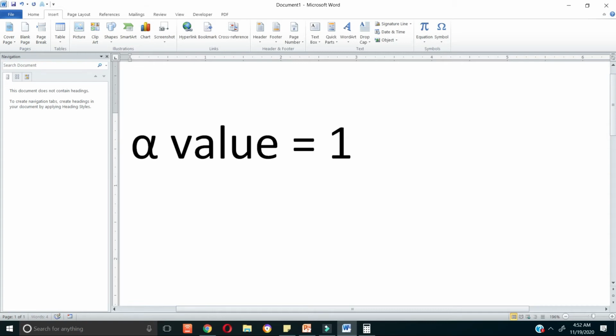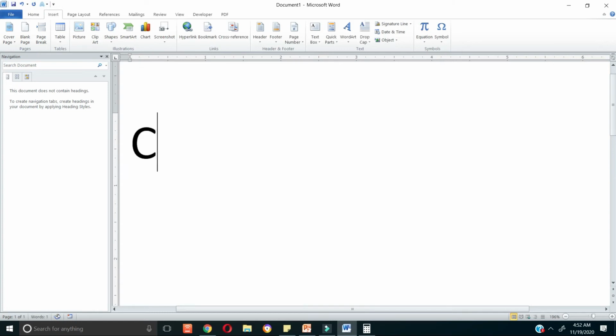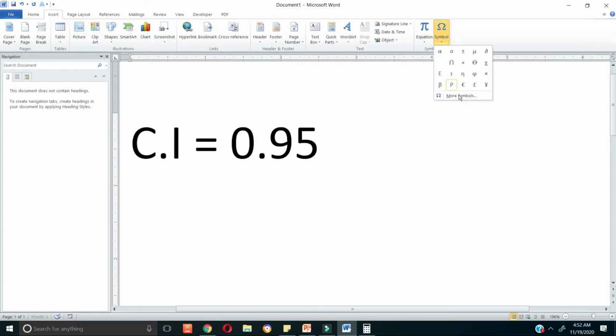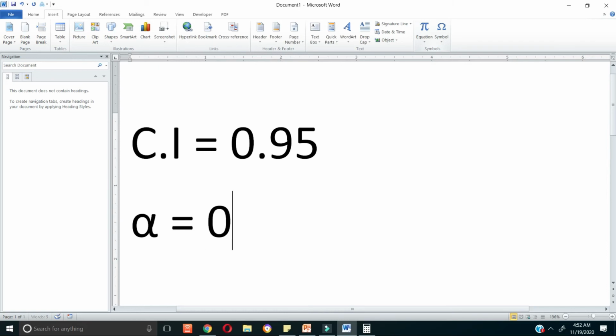So if our confidence interval is 95%, which is 0.95, then the alpha value is actually 0.05.